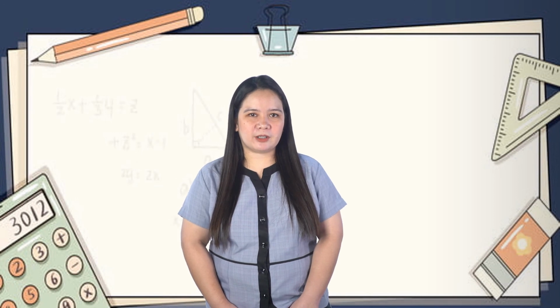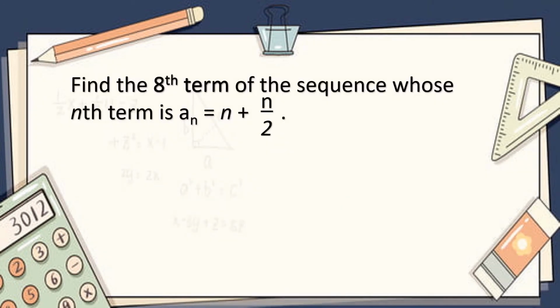Another example, find the 8th term of the sequence whose nth term, a sub n, is equal to n plus n over 2. Since we are looking for the 8th term only, we will be substituting 8 for n, since we are to find only the 8th term.